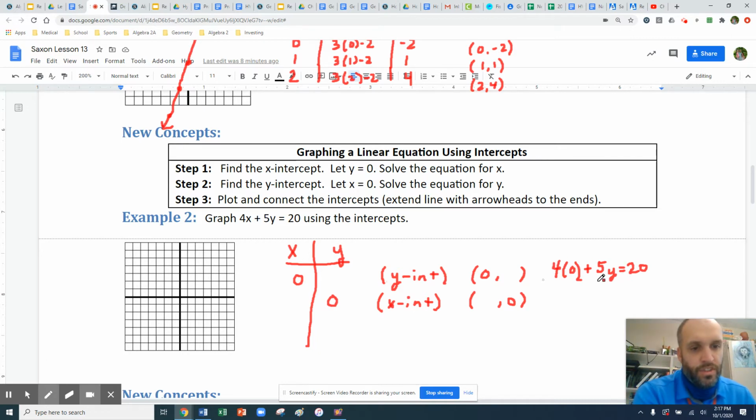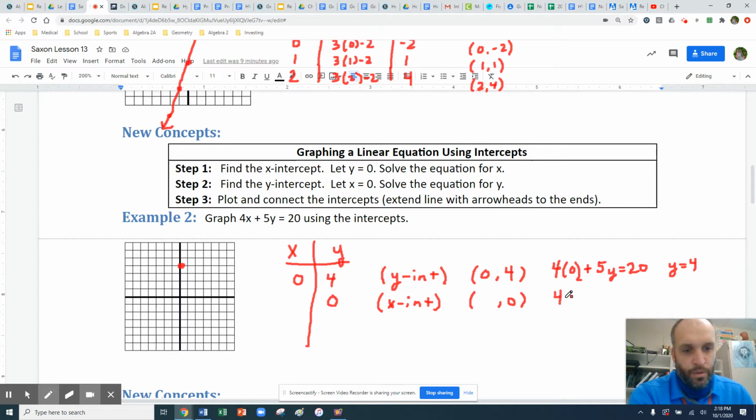Anything times 0 is going to be 0, so we're basically just solving for y here. 5 times y equals 20, which means y has to equal 4. So our y-intercept: when x is 0, y is 4. Then we can plot that out. There's one of the points on my table, 0, 4, and there's my y-intercept.